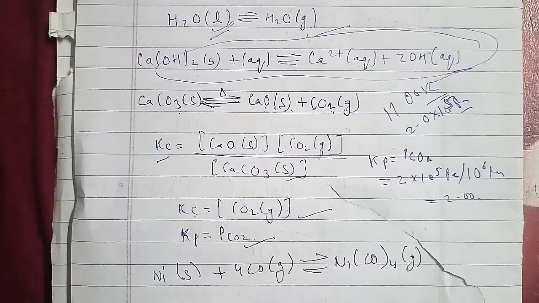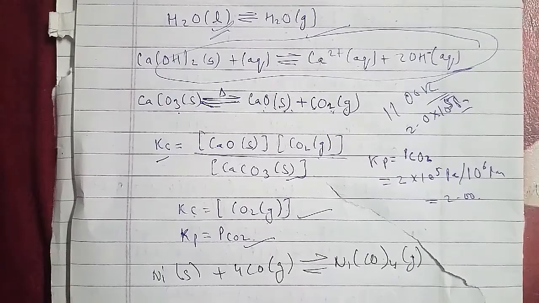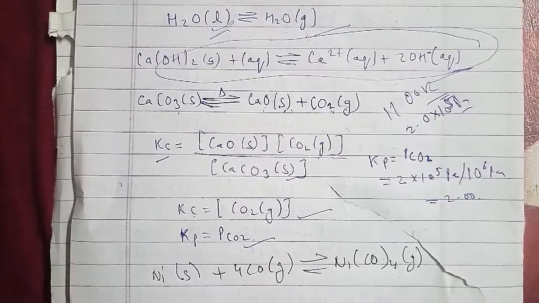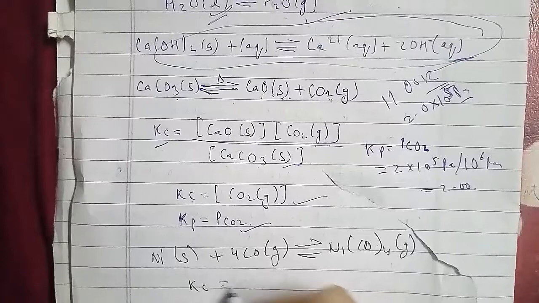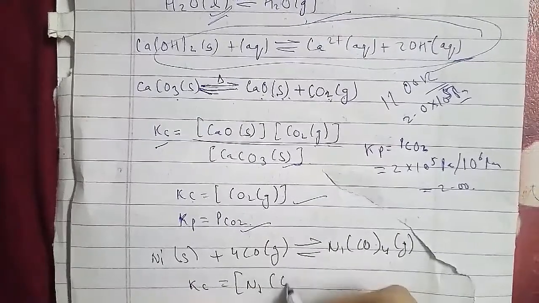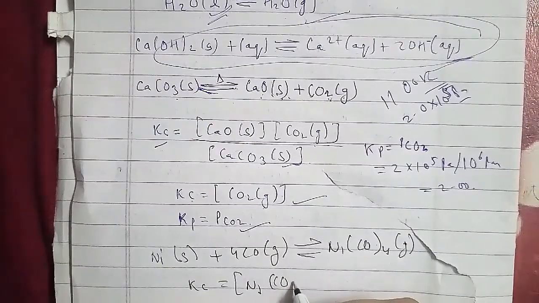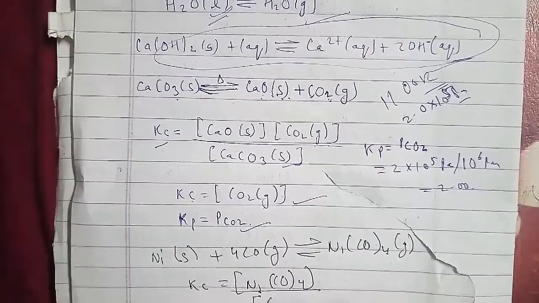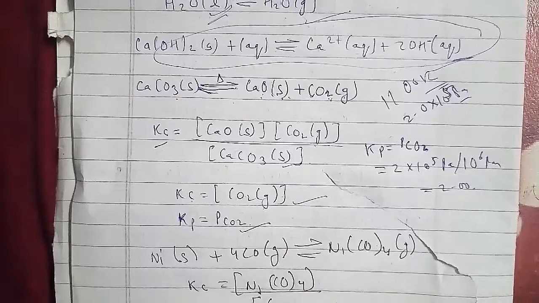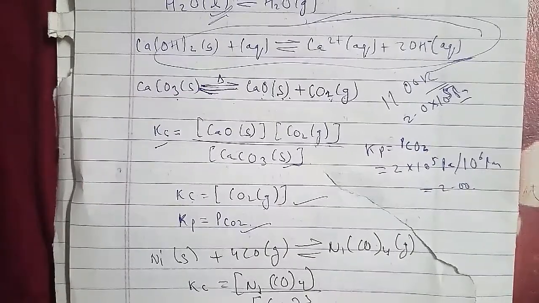With regard to this, the equilibrium constant is written as Kc equals Ni(CO)4 upon CO to the power 4.